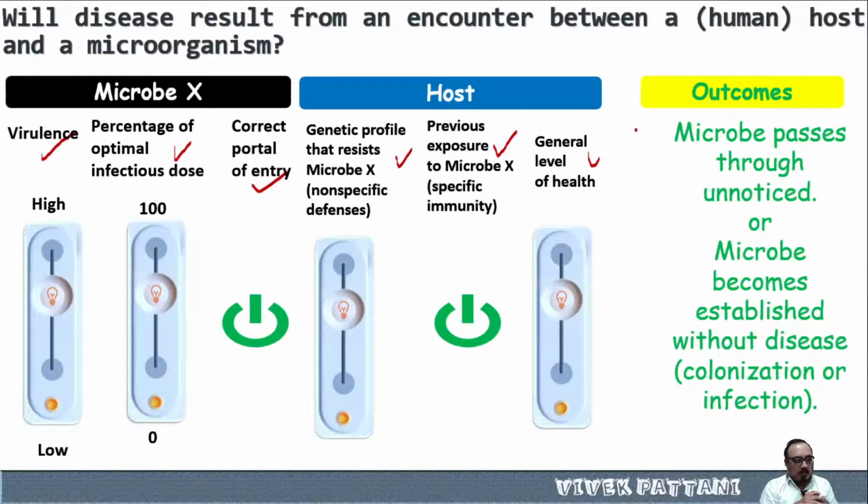Now, is there any previous exposure to microbe X? Yes, there was an exposure. And what is the general health level of the host? Yes, it is in a very good condition.